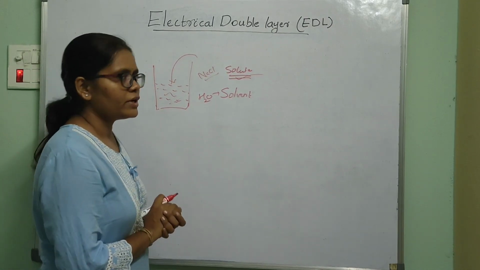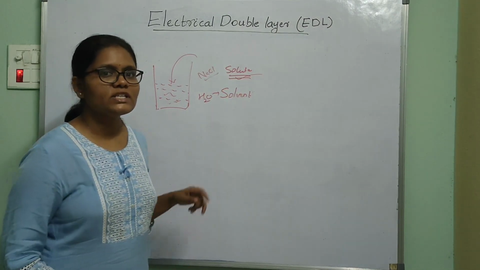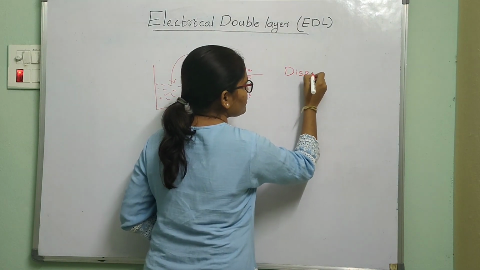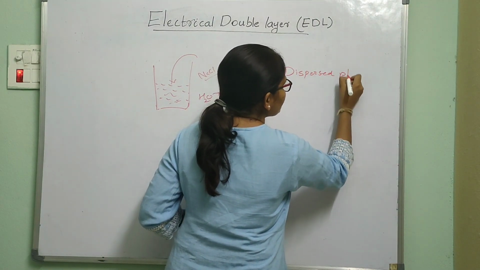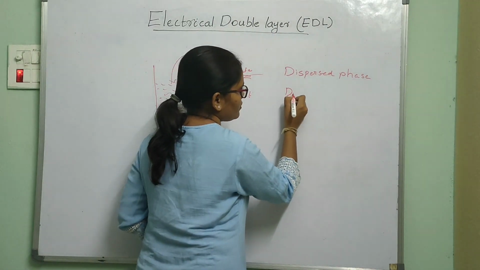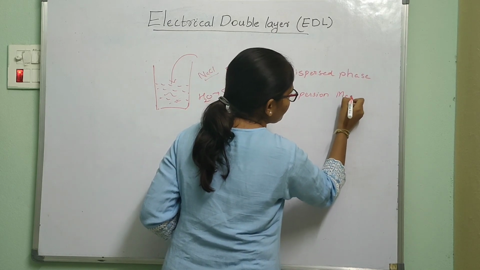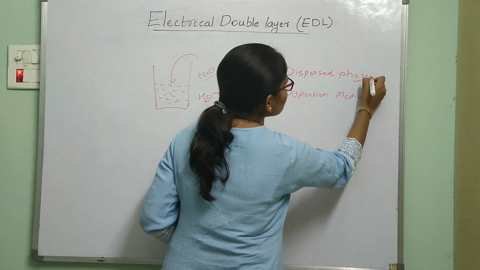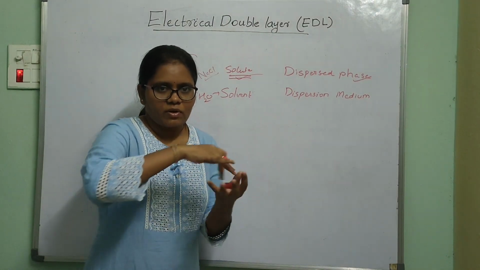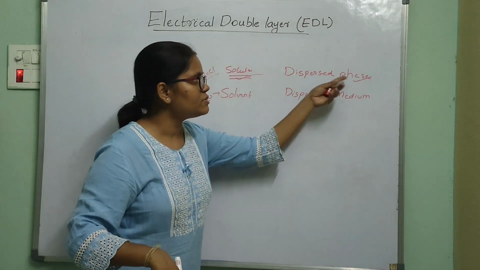But when we discuss colloidal solutions, we do not use the terms solute and solvent, but instead we use something called dispersed phase and dispersion medium. So what is this dispersed phase? Something that you are distributing or dispersing or diffusing in a medium is the dispersed phase.